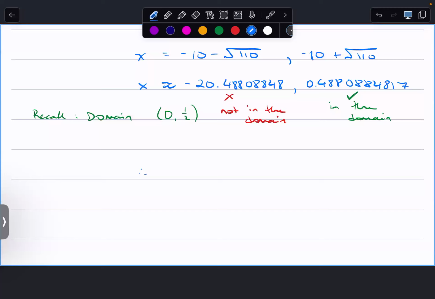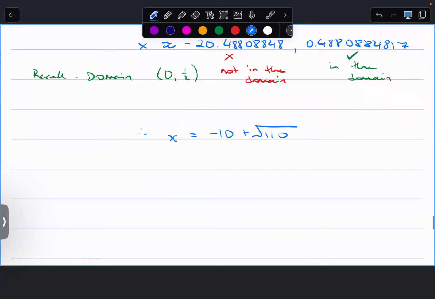Therefore, x is equal to negative 10 plus the root of 110, or if you prefer, 0.48808884817.